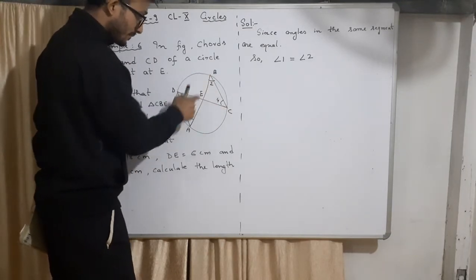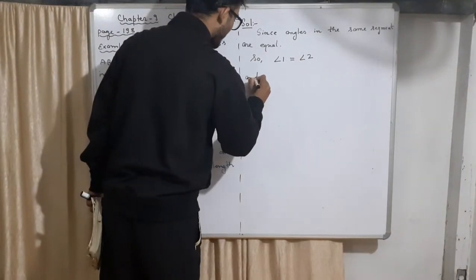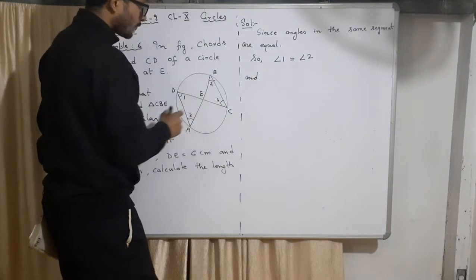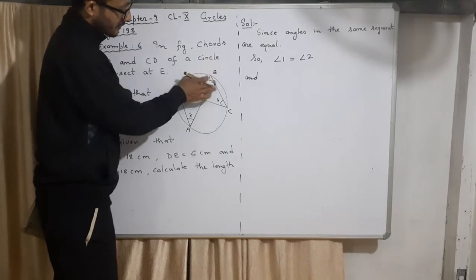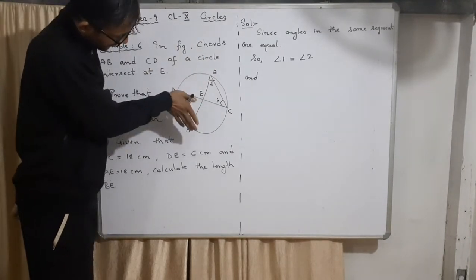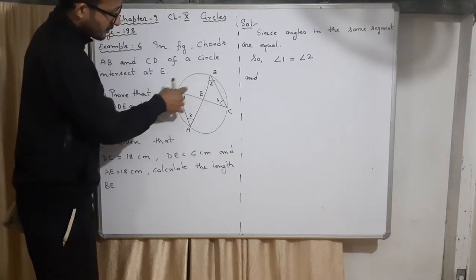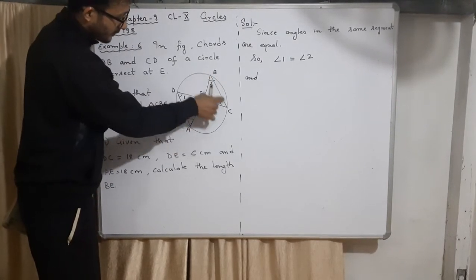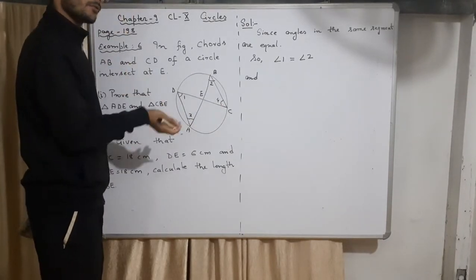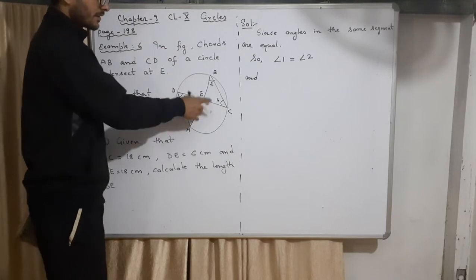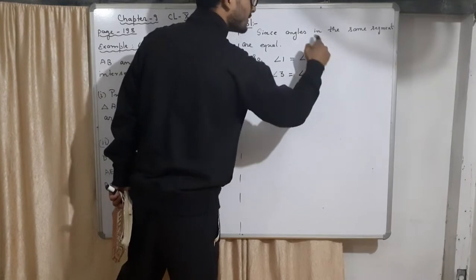You can also say CBA, they are the same. Another thing I can find here is that angle 3 and 4 are also in the same segment. If you look at the circle from the upside, and then downside, from these two points of view, you can see this angle and this angle are in the same segment. Just like 1 and 2, from the upside down, you can see 3 and 4 are also angles in the same segment. This is the reason.